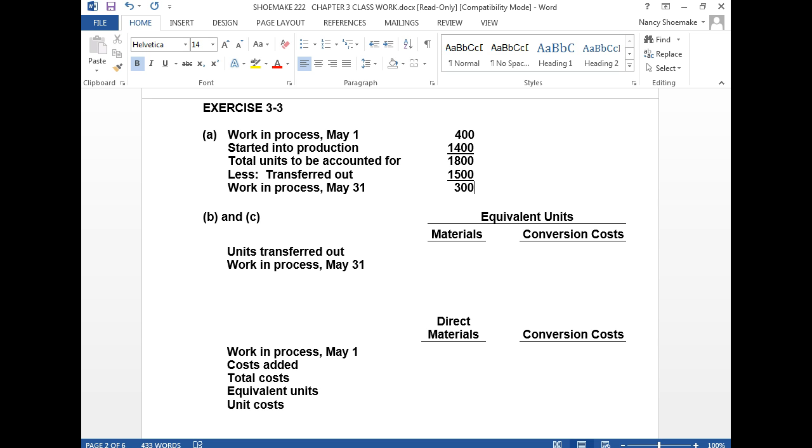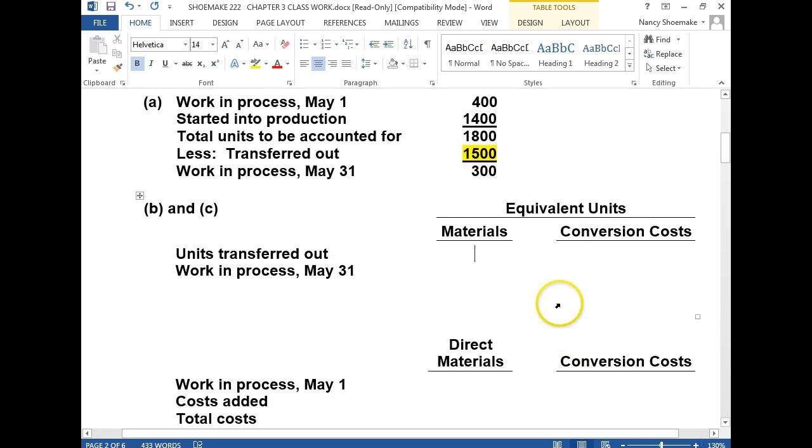Now, what is the unit material cost for May? So how are we going to determine the unit material cost for May? How many units were transferred out? 1,500.